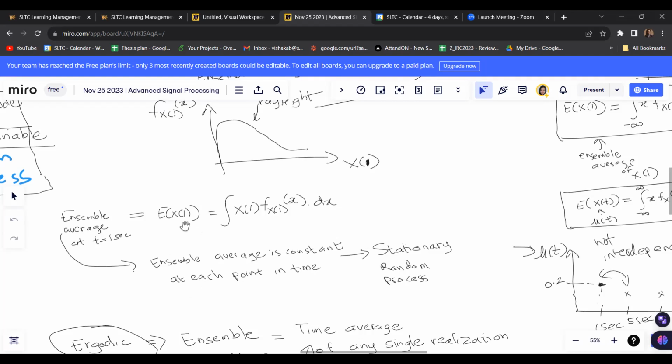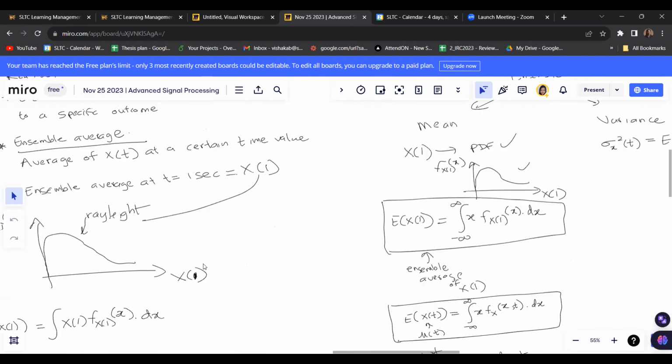Here we have considered E[X1], where 1 means 1 second. Similarly, if we compute for 5 seconds, let's say E[X5], and we see that E[X1] and E[X5] are equal, and also that for all time instances it is equal, then we can say that the random process is a stationary random process. It is stationary if the value of the ensemble average is constant at each point in time.